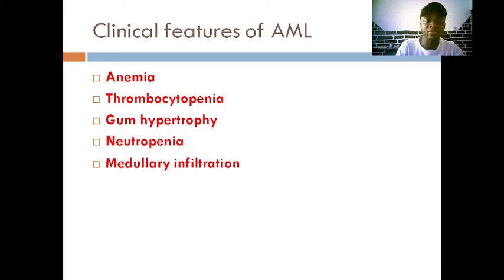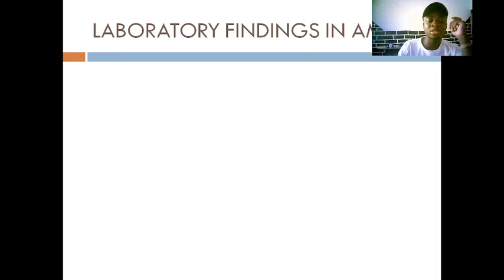There is medullary infiltration, because of the malignancy they can infiltrate the medullary, and of course organomegaly, okay? The organs expand, like hepatosplenomegaly, the expansion of the liver and the spleen, because of infiltration of the malignant cells.